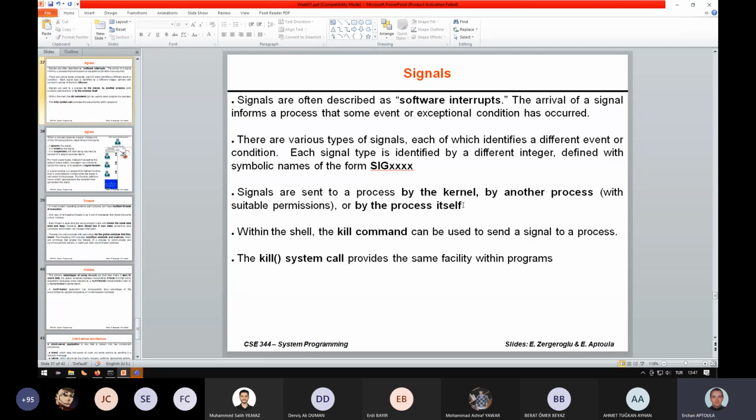Now, signals, as we have talked about them just a little bit, are often referred to as software interrupts. Basically, the idea is that a signal can be sent from one process to another. It can be sent from the kernel to a process. The whole idea of a signal is that it just says, "Hey guys, something happened." That's all. And what happens when a signal arrives at a process?